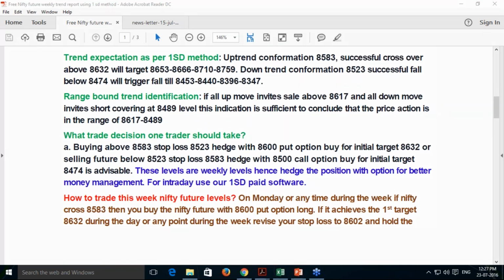Since you are in the last week of the settlement, whenever you go for hedging, hedge with in the money options, which will have very little time value. Do not choose out of the money options, which will have a greater depth and maybe losses will expand. So in the money options you should hedge because you are in the last leg of the settlement cycle.